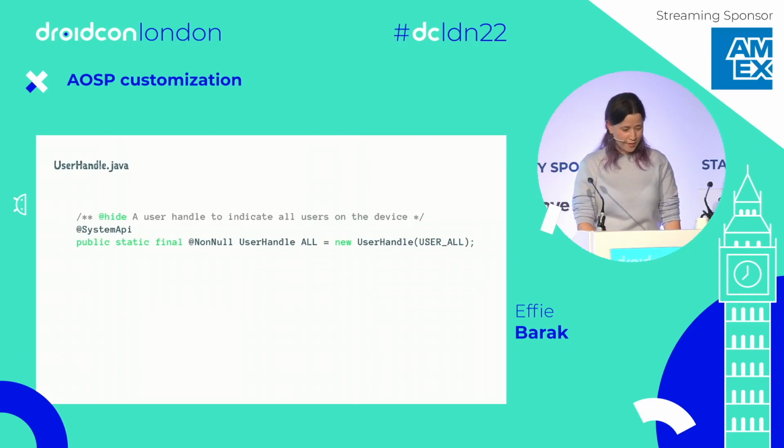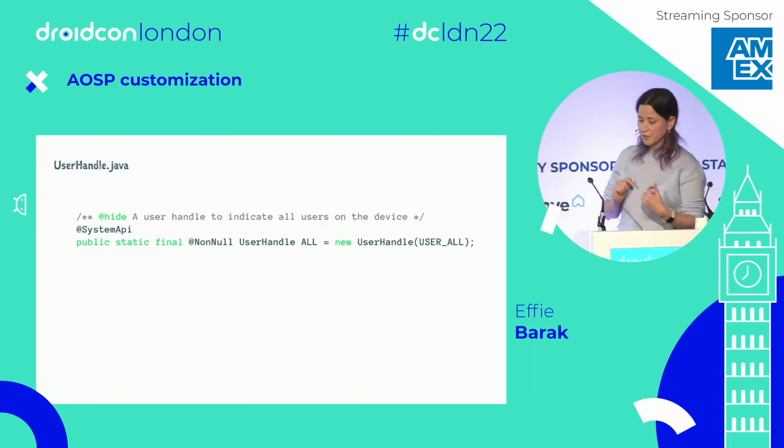So why is that? This is because this is a system API. When the public SDKs are being built, the public SDKs are the SDKs that we build against on Android Studio, these are stripped out of all these secret APIs. So maybe this is a thing to clarify.